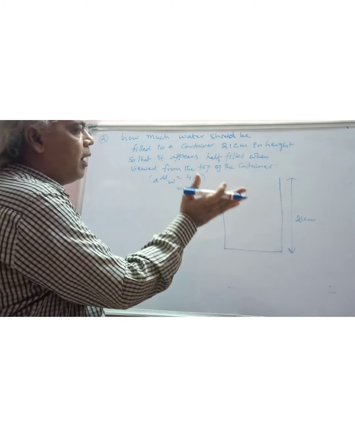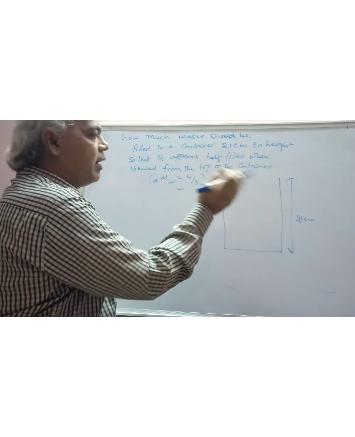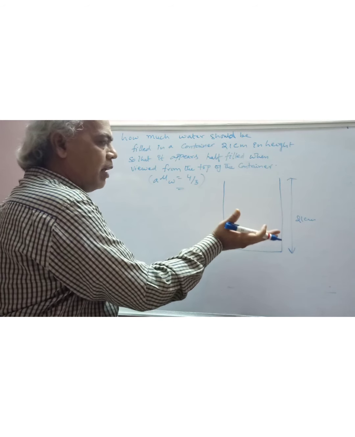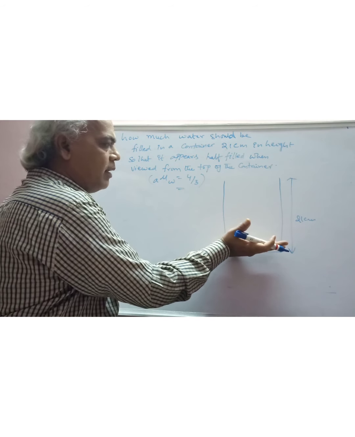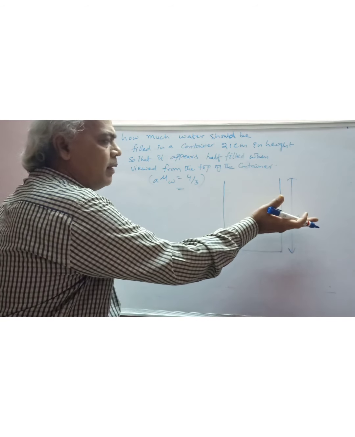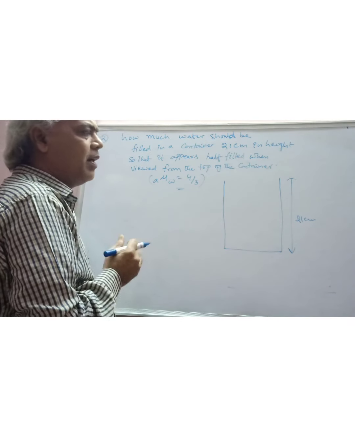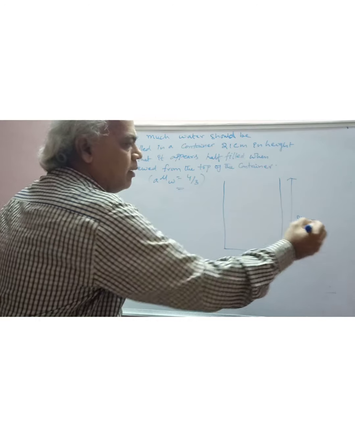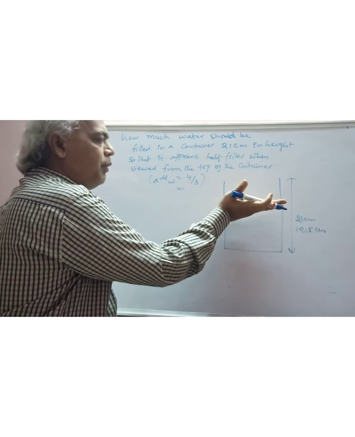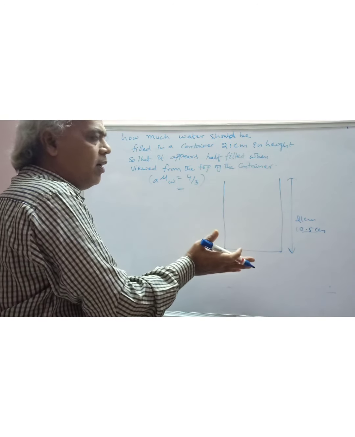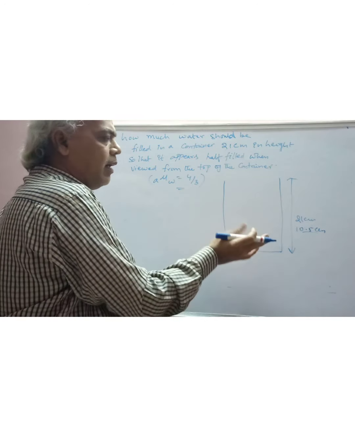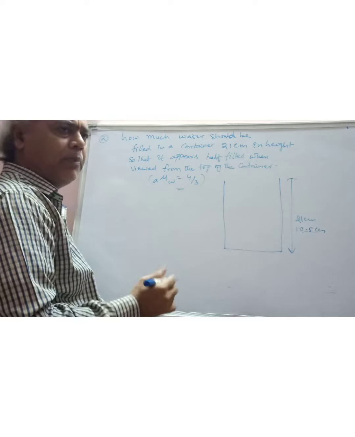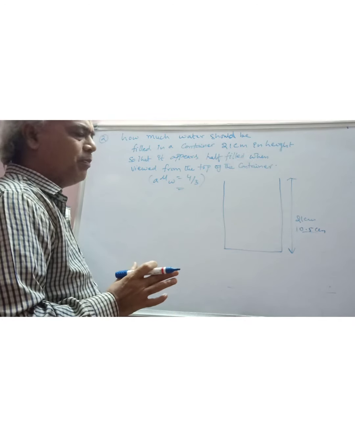Here, how much water should be filled in this container to view the bottom? That means it will be appeared the half of this height of the container. That means 10.5 centimeter. So how much water should be filled in this container to view the container height is that 10.5. That means that is apparent depth.